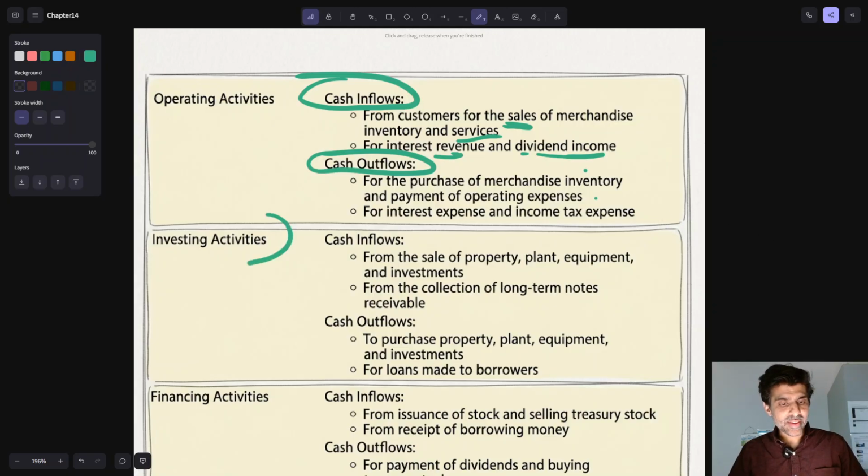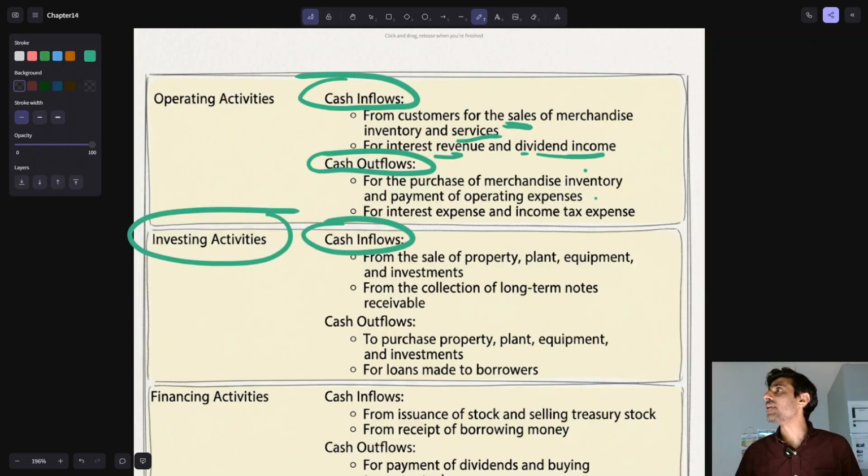And then investing activities. From the sale, the cash inflow when you sell PP&E, if you sold it for some amount of cash, you'll get cash in. If you have some investments, some treasury bond, and you sell it, you're going to get cash in, right? So this is all going to be cash inflow.